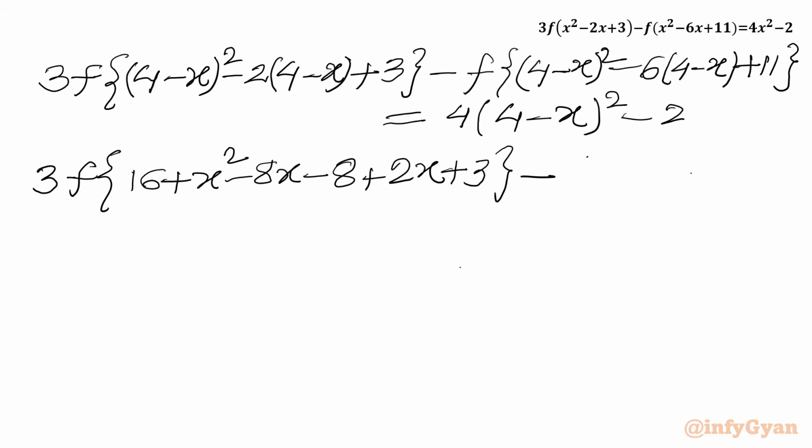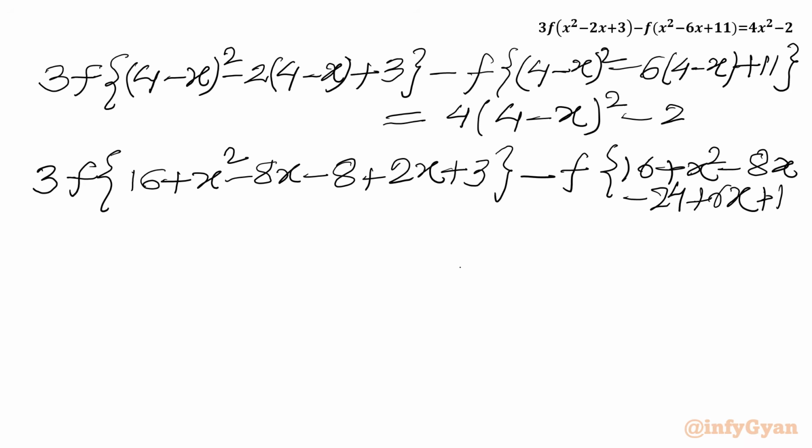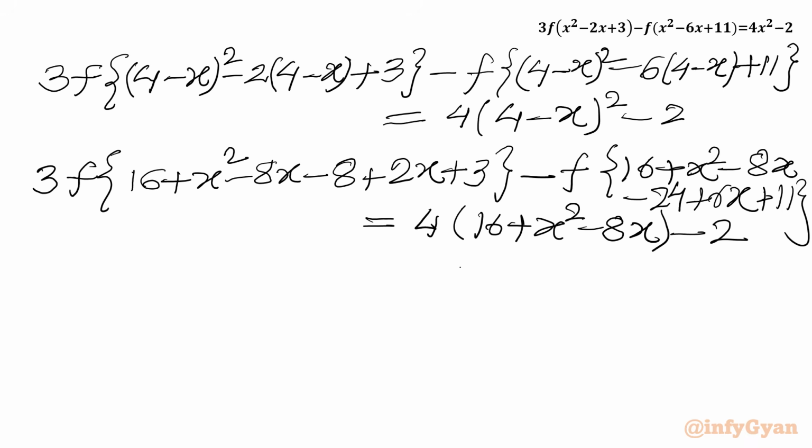Then we have minus f of (4 − x)², which is 16 + x² − 8x, minus 24 + 6x + 11, will be equal to 4 times (4 − x)², which is 16 + x² − 8x, minus 2.